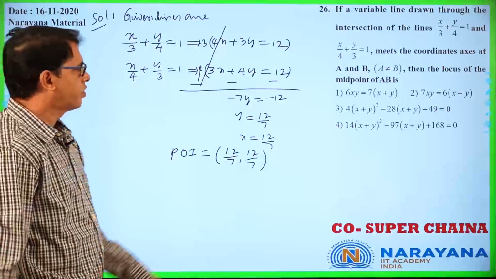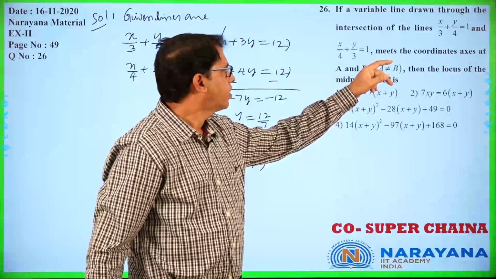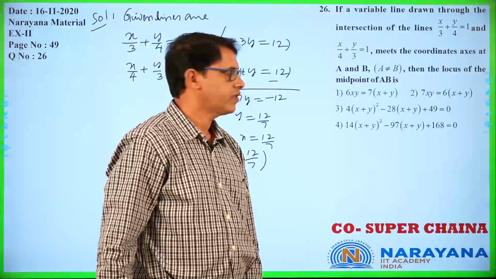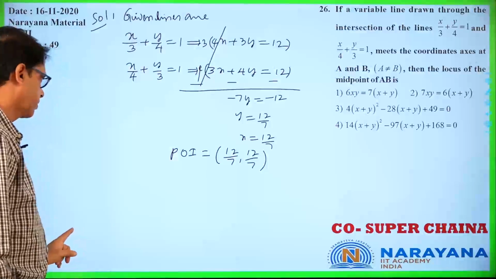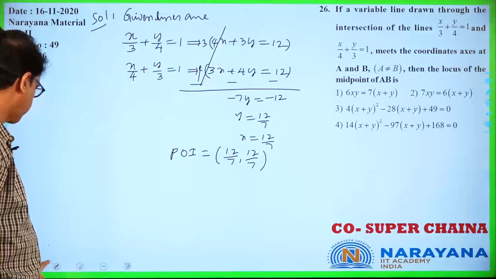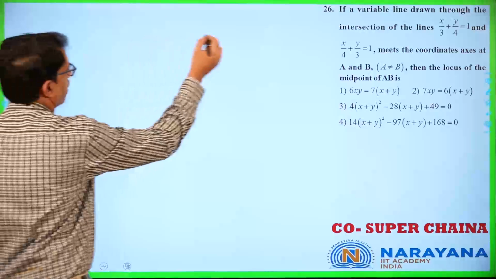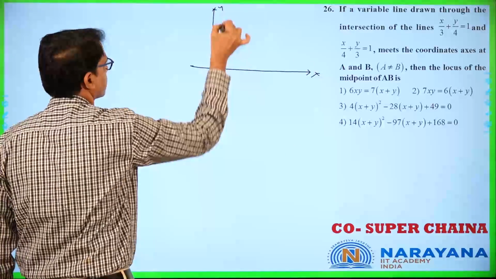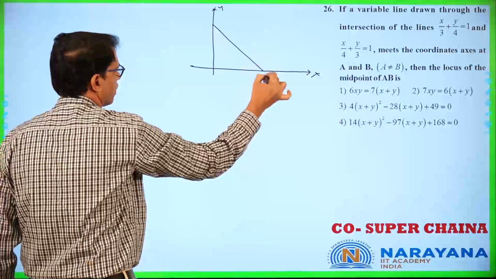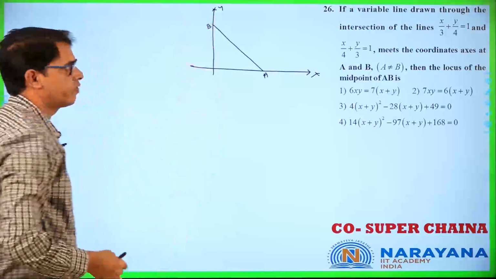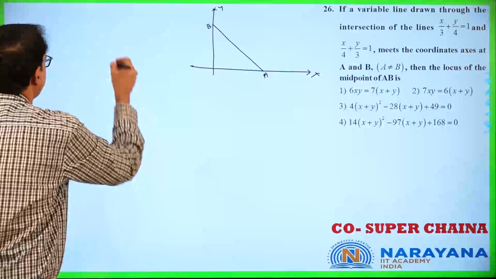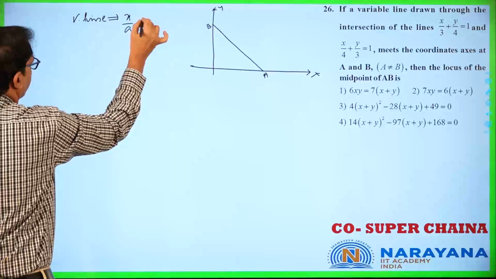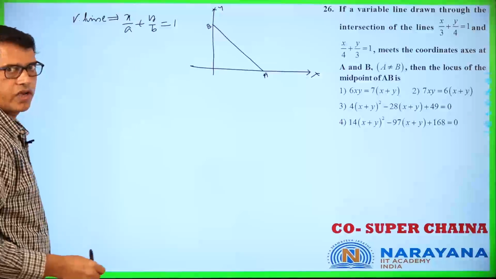Now come to the question. A variable line passing through this point and intersecting the axis at A and B. Let a variable line be x upon A plus y upon B equals 1.